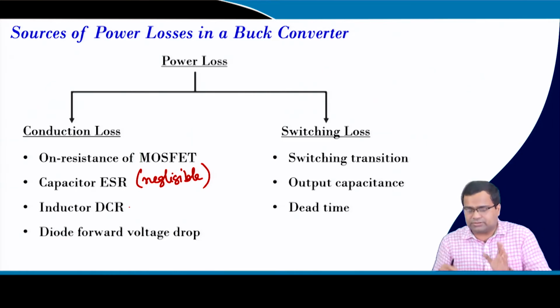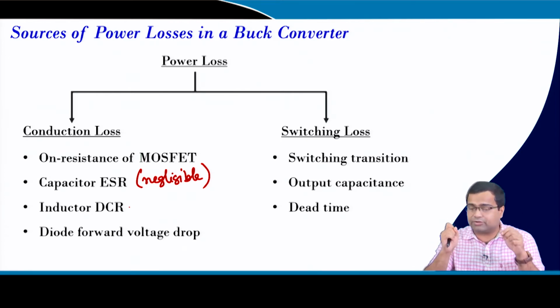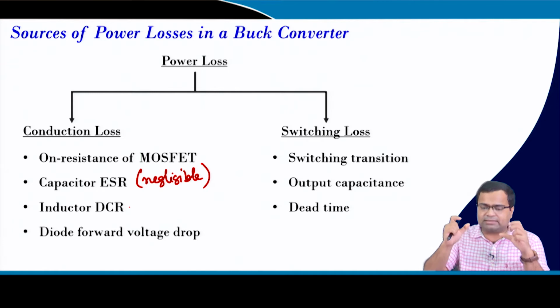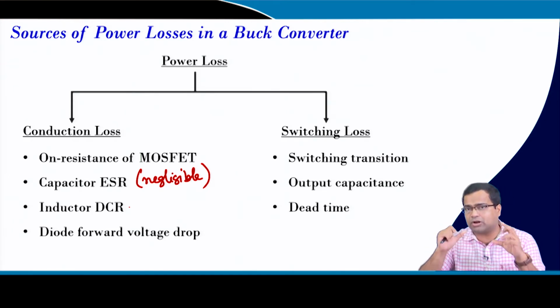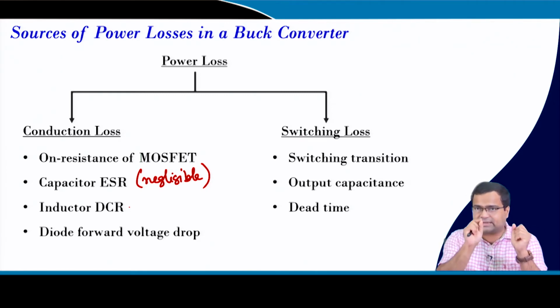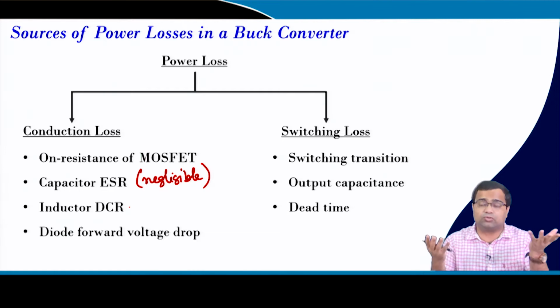Then dead time loss. If we talk about a synchronous DC-DC converter, we have a high side switch and low side switch, and both switches should not be on at the same time, because there has to be some dead time. As I said, the MOSFET takes time to go from full voltage to zero and from full current to zero current. Once the high side MOSFET is turned off, then you should turn on the low side MOSFET.